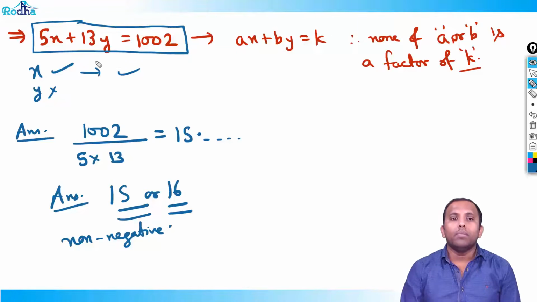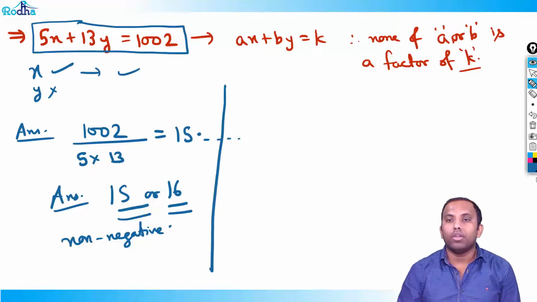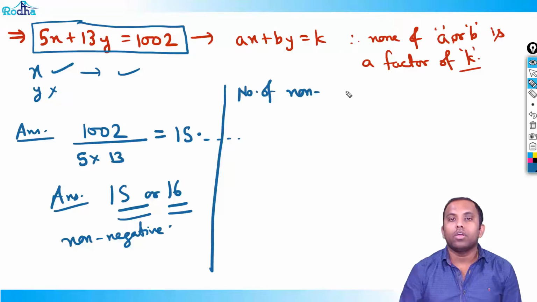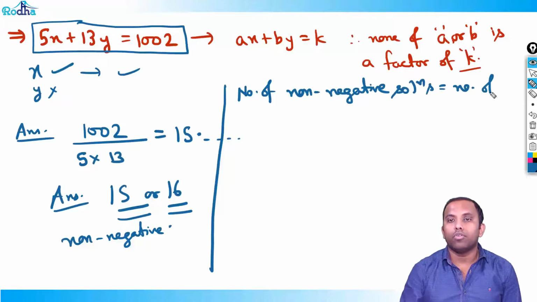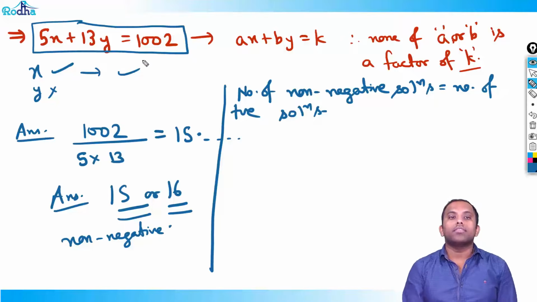Will it make any difference if I ask how many positive solutions here? In this kind of case, the number of non-negative solutions is equal to the number of positive solutions, because none of a or b is a factor of k.